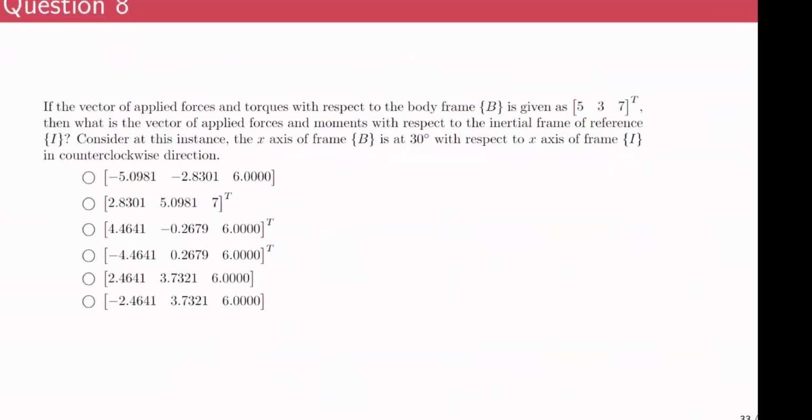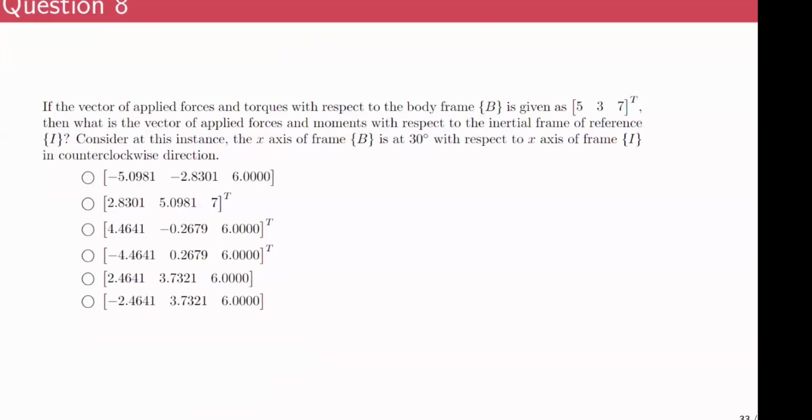It says the vector of applied forces and torques with respect to the body fixed frame of reference, tau, is given as 5, 3, 7. Then what is the vector of applied forces and moments with respect to the inertial frame of reference?